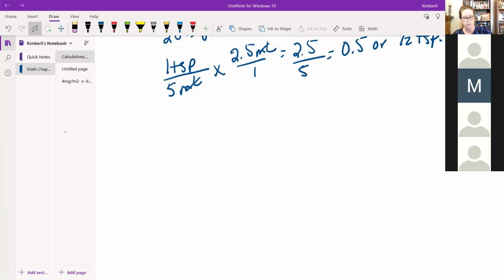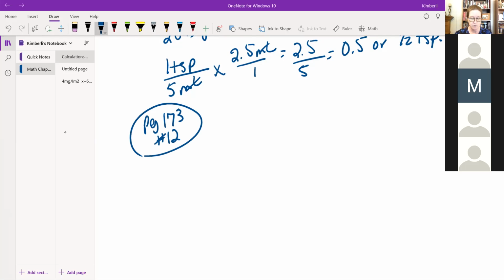Okay, let's look on page 173, number 12. It says prescribed acetaminophen 19 milligrams every 4 hours as needed for fever and aching. So we want 19 milligrams.